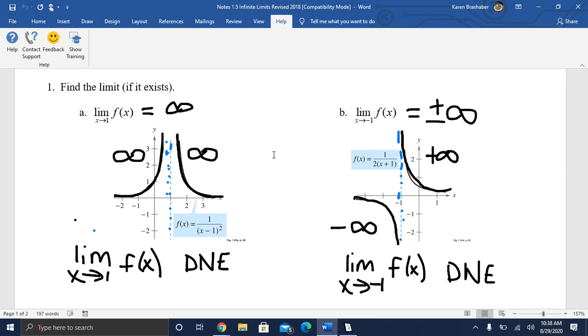And if I wanted to just look at the one-sided limits, I could say the limit as x approaches -1 from the left goes to negative infinity, and the limit as x approaches -1 from the right goes to positive infinity. So we have some more examples that go with this. If you'll go ahead and tune into video 2, we will do the back side of your notes.